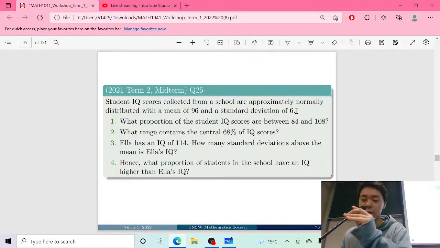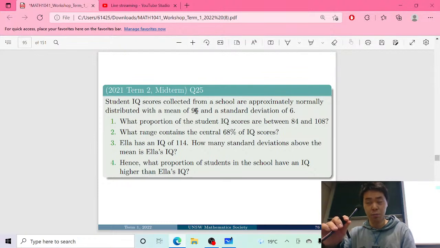So let's have a look at an example which comes from a midterm, and you probably have seen this question or something similar to it as well. We're going to be considering data sampled from student IQ scores, and we know that they are approximately normally distributed with a mean of 96 and a standard deviation of 6.